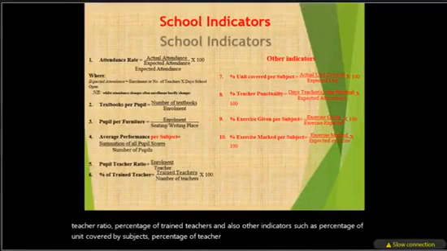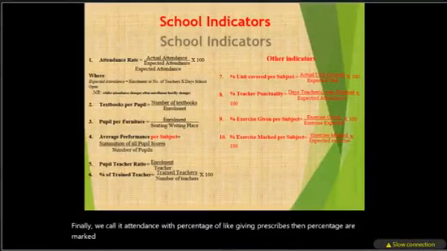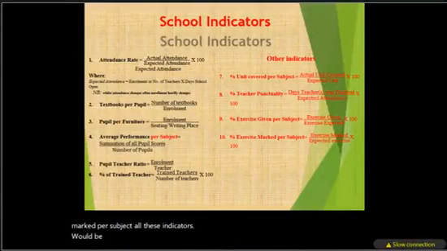Normally, we call it attendance rate, percentage of exercises given per subject, then percentage of exercises marked per subject. All these indicators would be realized with the correct provision of data on weekly and termly basis.